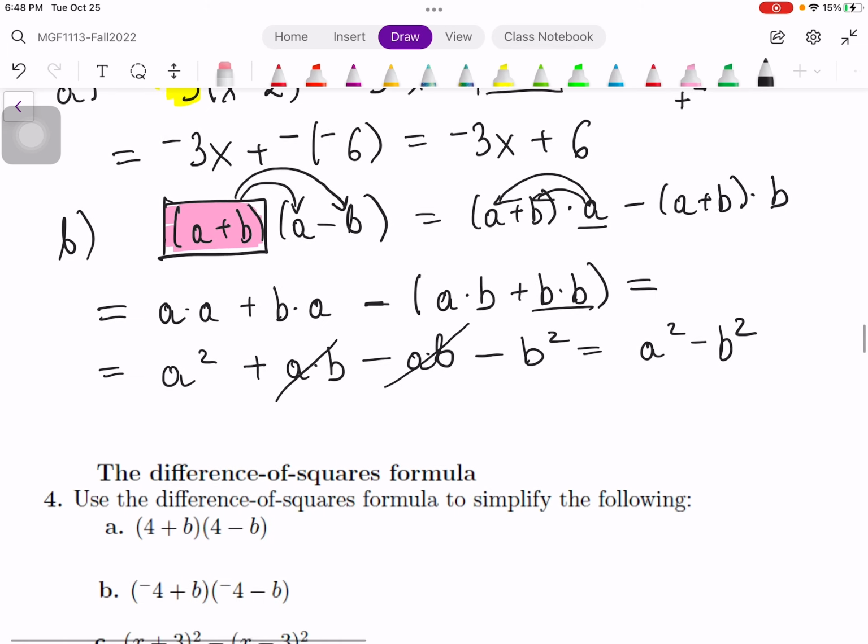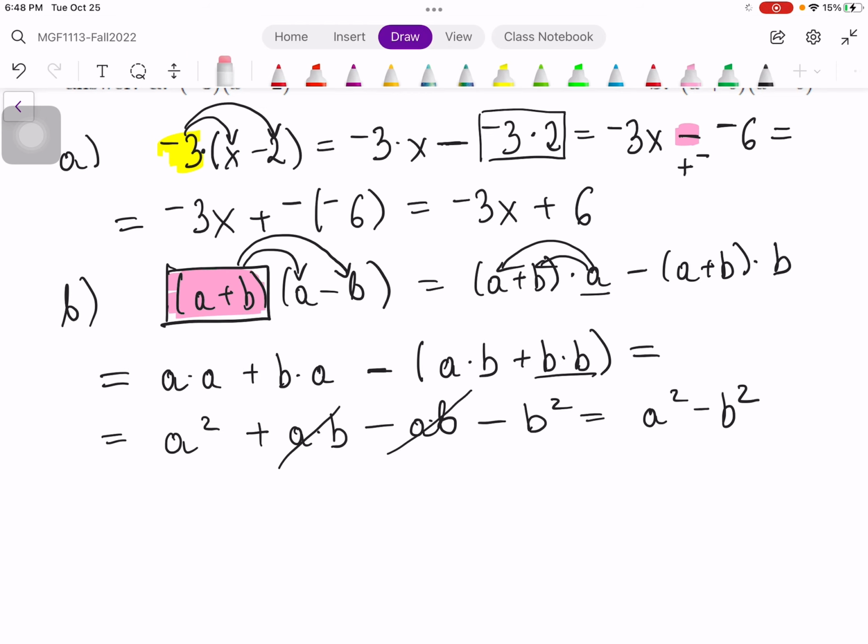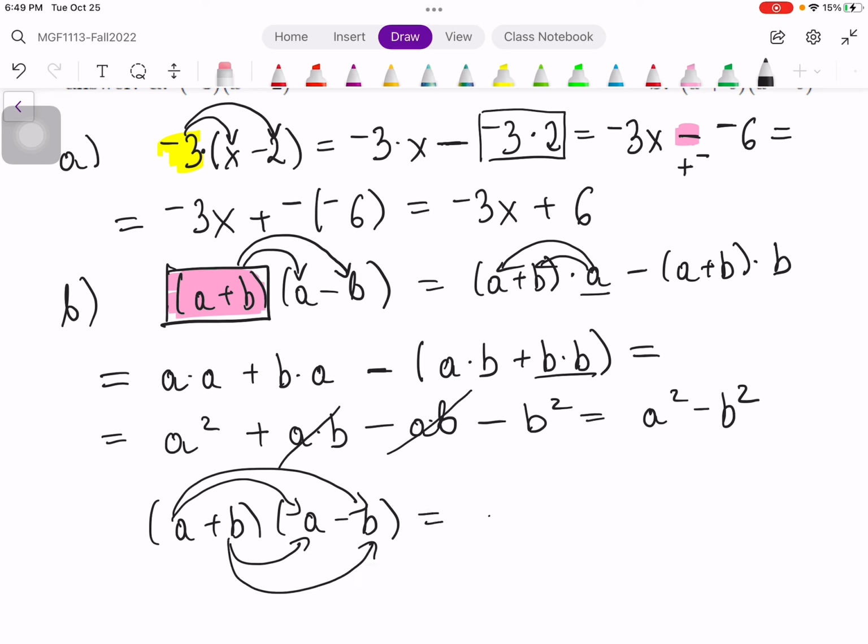So we just kind of created what we did. We used the distributive property of multiplication over addition, but in fact we also know that that will boil down to whenever you have binomial times binomial, the easier way would be just to FOIL it. We can develop that rule that you multiply a by a, a times b, b times a, which is the same as ab, and b times b, negative b squared.